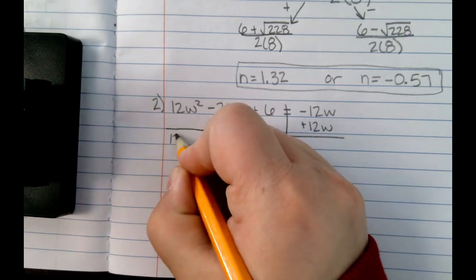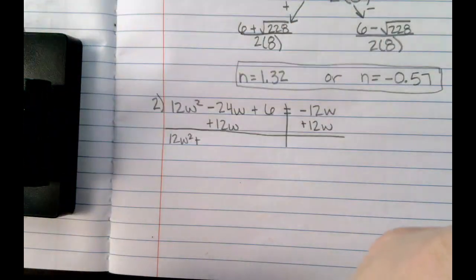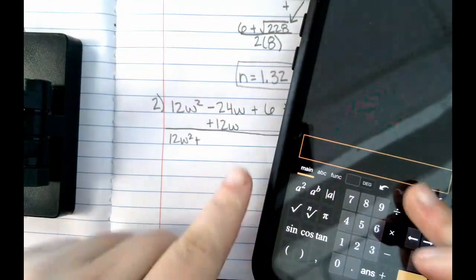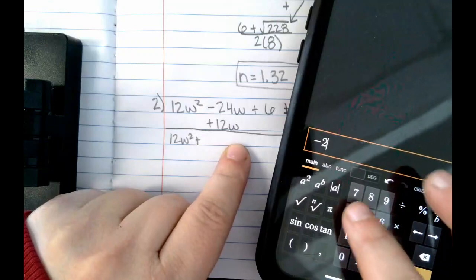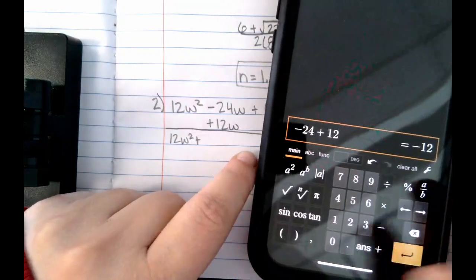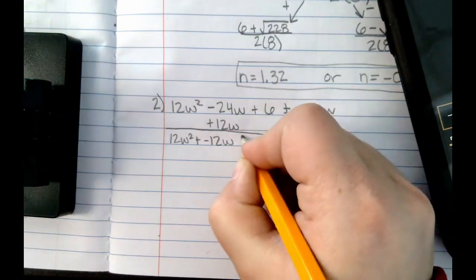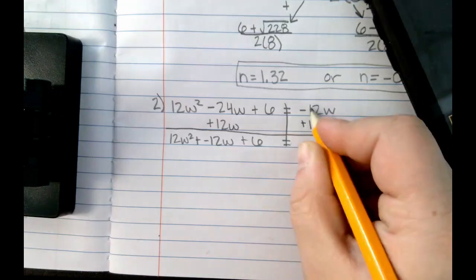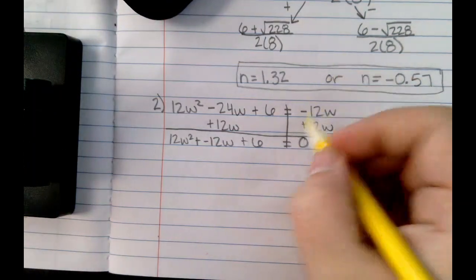So I have 12w squared plus, now this is a negative 24 plus 12. So if you need to use your calculator, that's totally fine. Negative 24 plus 12, and we get negative 12. So plus negative 12w plus 6 equals, and then there's nothing left over here, so it still would be 0. So now we have that equals 0.